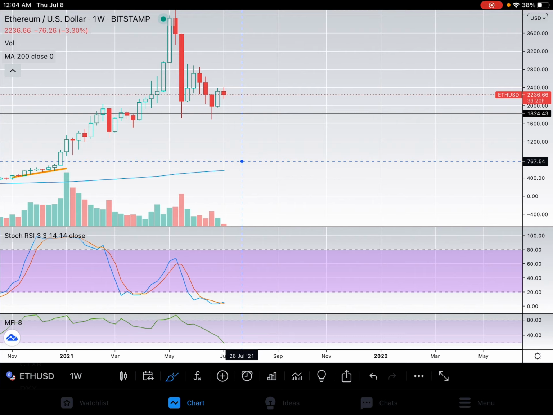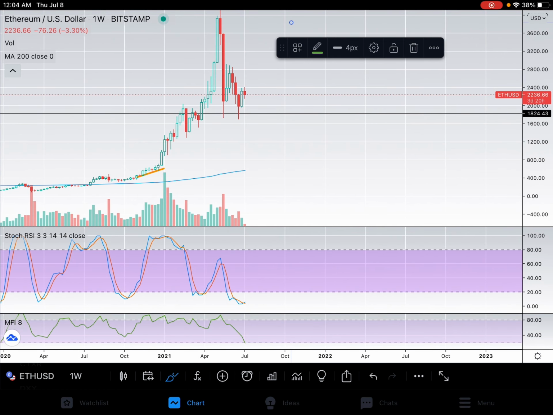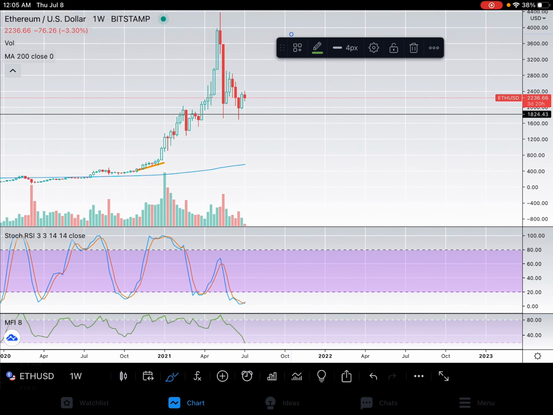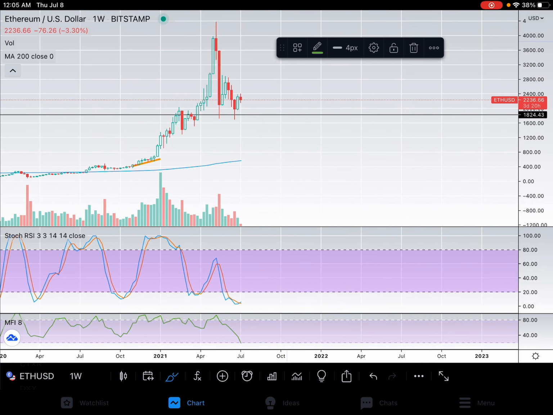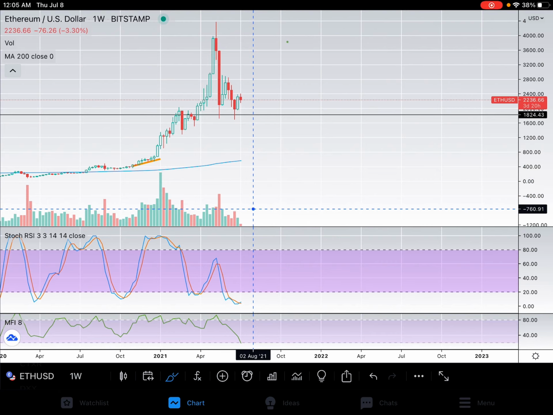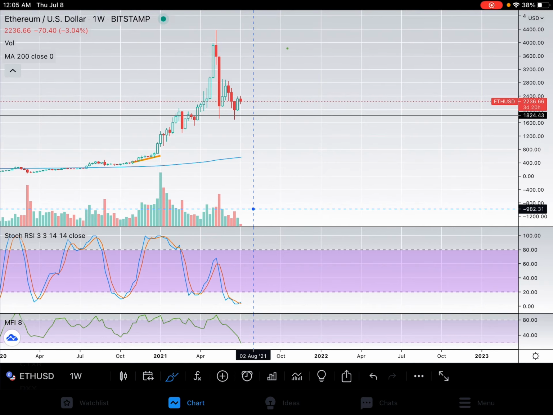We should continue to see a rise up to that point. Let's see. We've seen this retracement has been on descending volume, which is good. I mean, the weekly chart looks amazing, to be honest.